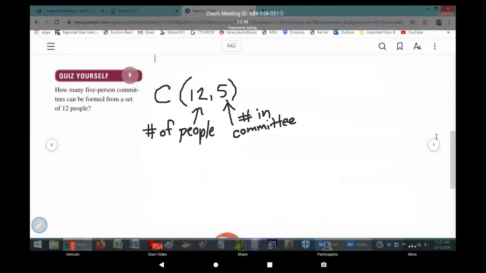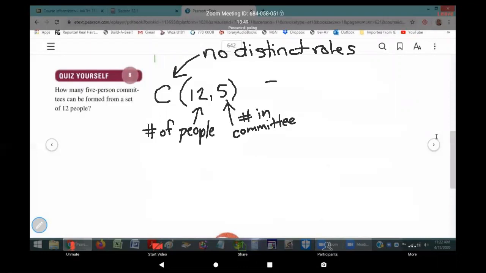The reason we know it's a combination is because there's no distinct roles. There's no vice president, president, treasurer.